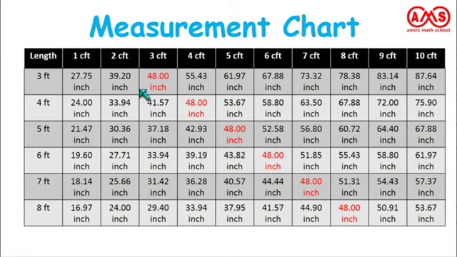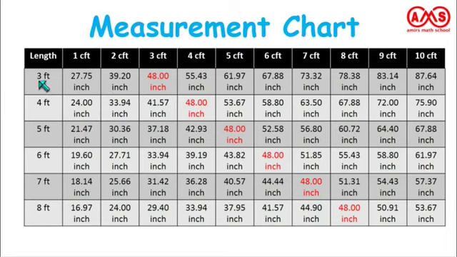In that case, you see here, if any 3 feet long wood log has a 48 inch average circumference, in that case we can get 3 CFT wood.